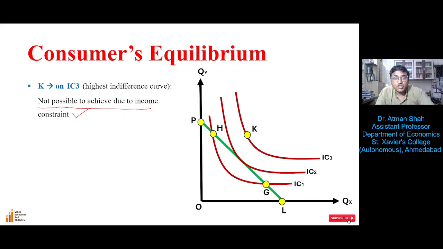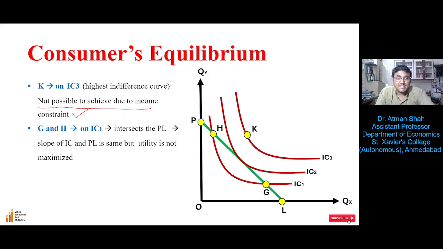Then we have combinations G and H on IC1. You can see in the diagram, the two combinations G and H are on IC1. They are intersecting IC1. Both are on the price line also.